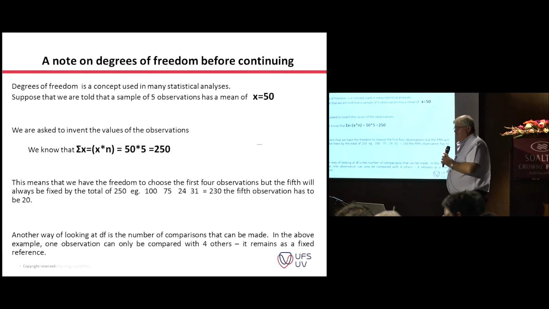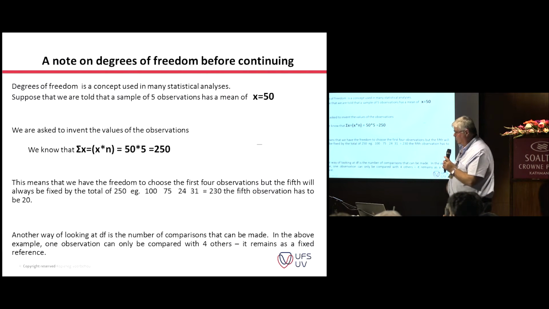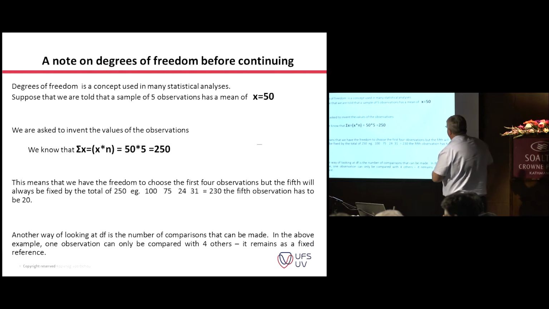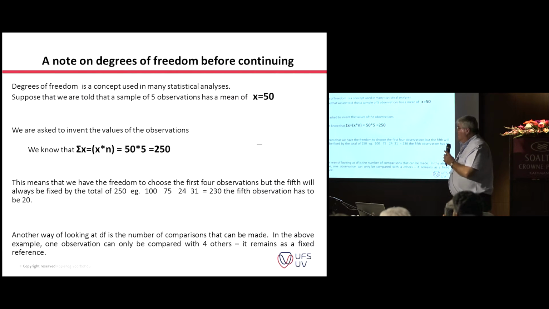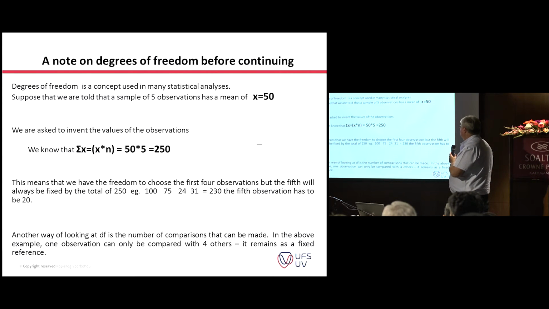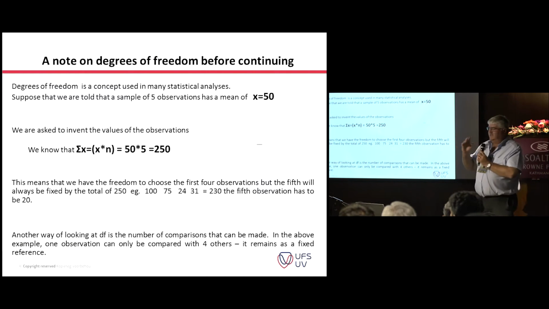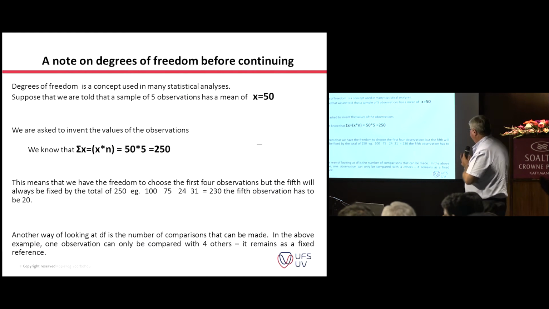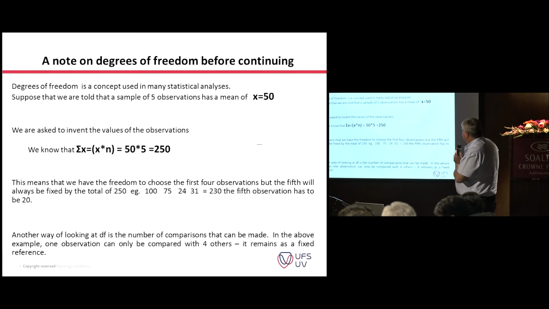Right, you'll see in the calculation of the standard deviation of a sample, I use the value n minus 1 and not n. Degrees of freedom is a concept that is used in many statistical analyses. Suppose we're told we have 5 observations and the mean is 50. We are asked to invent values of the observations.